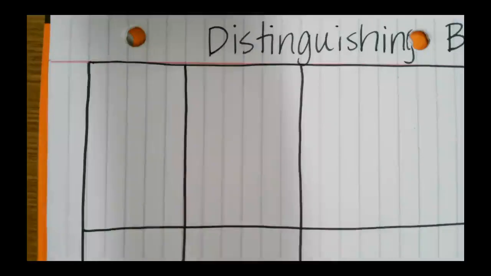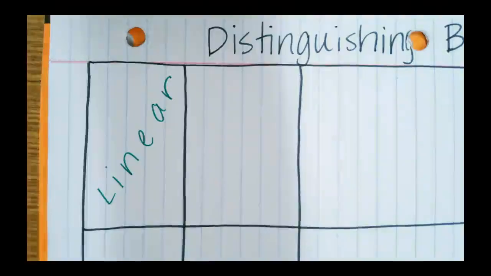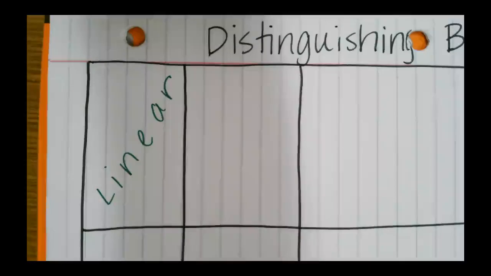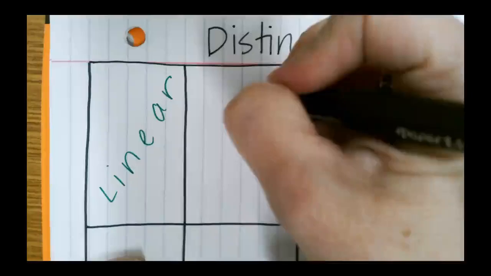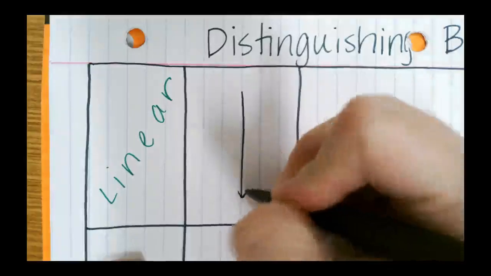All right, first up, let's go over linear functions. Most of this is what you did in Math 8. We did add to it this year a little bit in Unit 2. In this box, we're just going to sketch the graph.